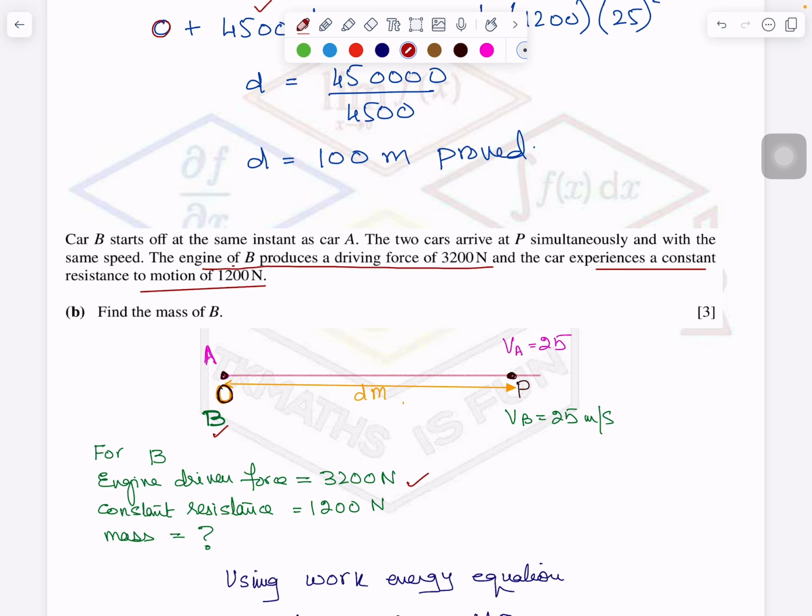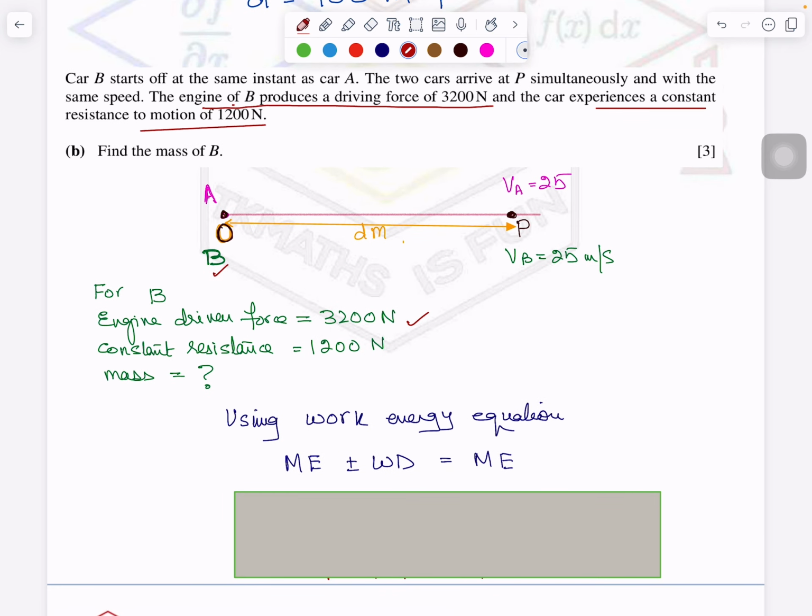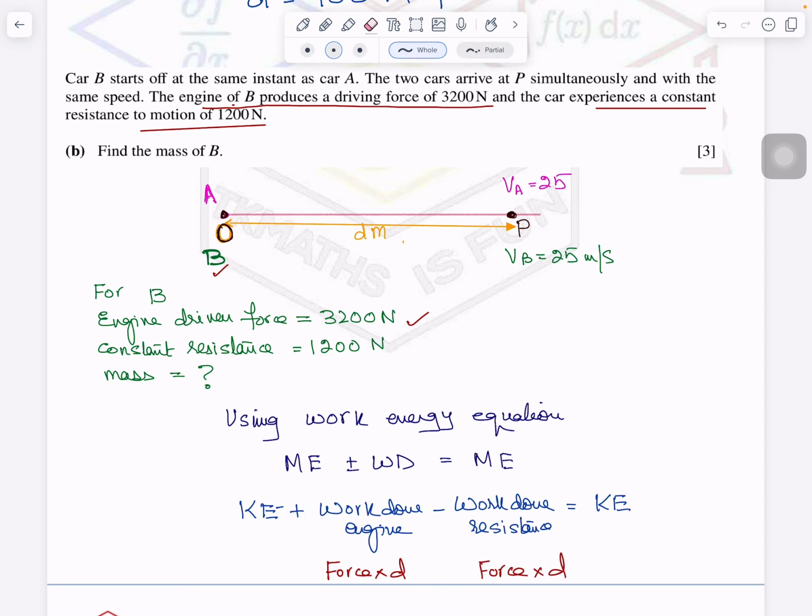So exactly in the same way we did for car A in part A, we will do for car B, okay? Everything is the same: kinetic energy plus work done by the engine minus work done against the resistive force. In both cases, the force for the resistance and the driving force are given, whereas in part A it was given directly as work done against resistance.